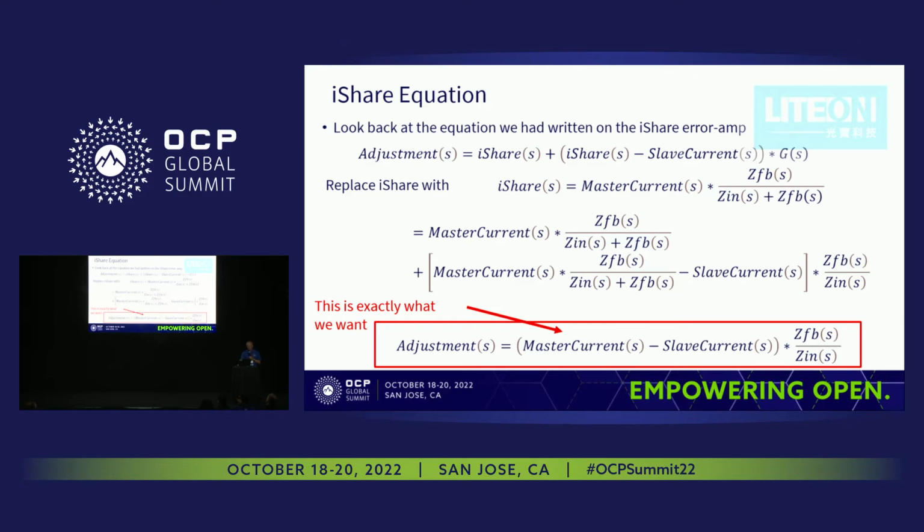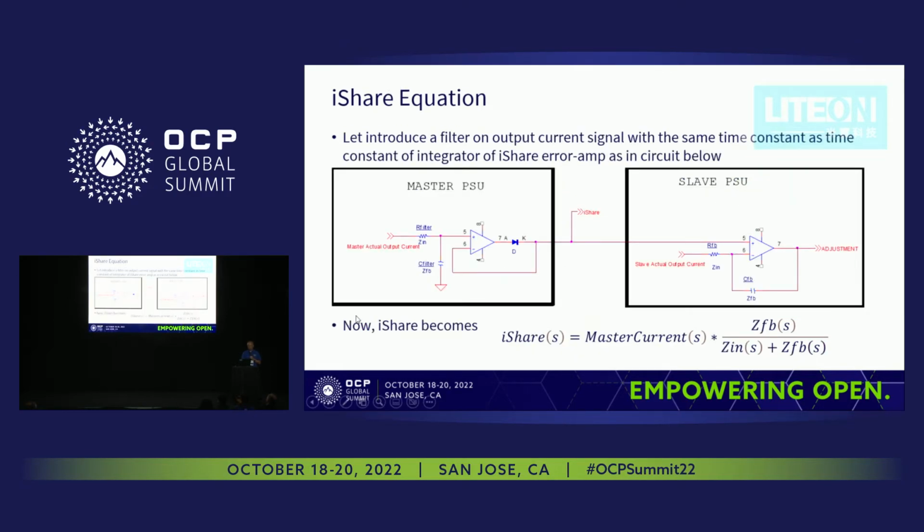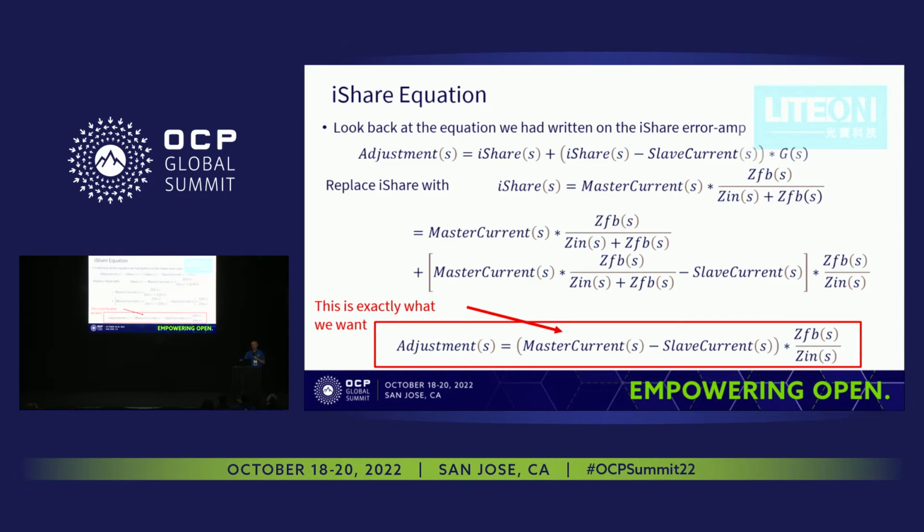But if you are able to match the filter internally with the control loop of the slave, then the end result is that you truly have the difference of the real current of the master versus the real current of the slave.